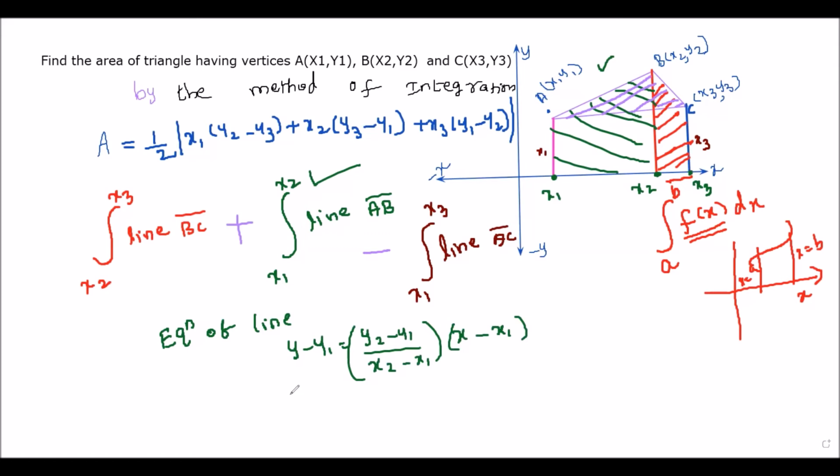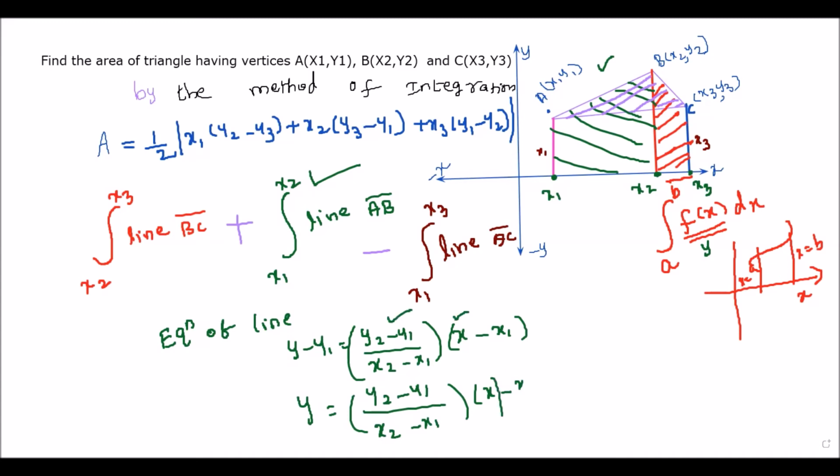So let me write it in the form of y is equal to mx plus c. So this f of x is nothing but my y value. So y is equal to y2 minus y1 divided by x2 minus x1 of x minus x1. Let me split this. The first term is y2 minus y1 divided by x2 minus x1 into x.